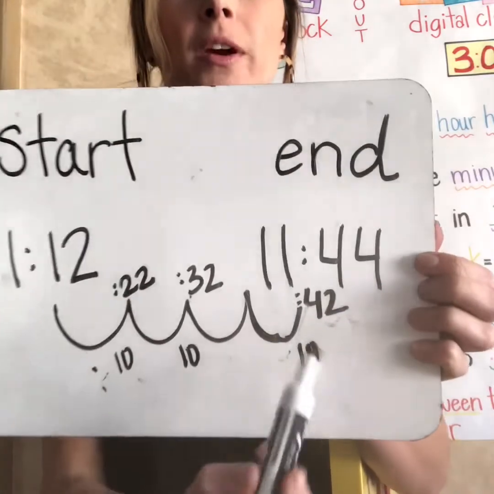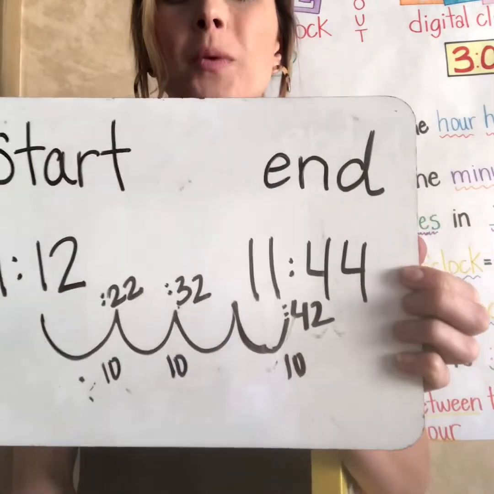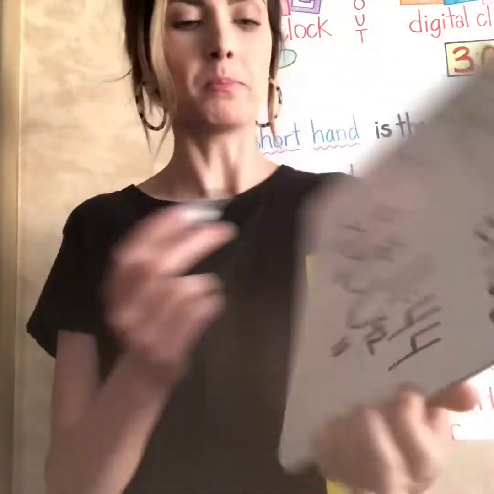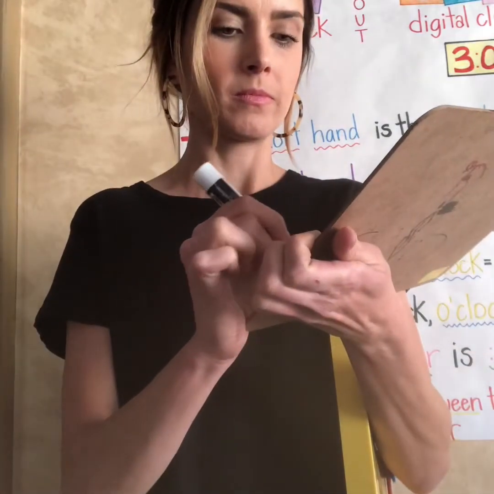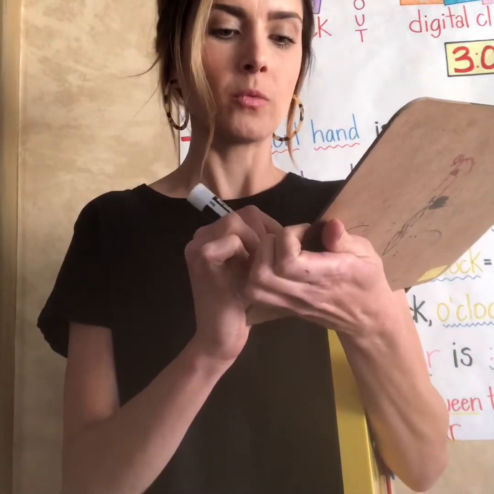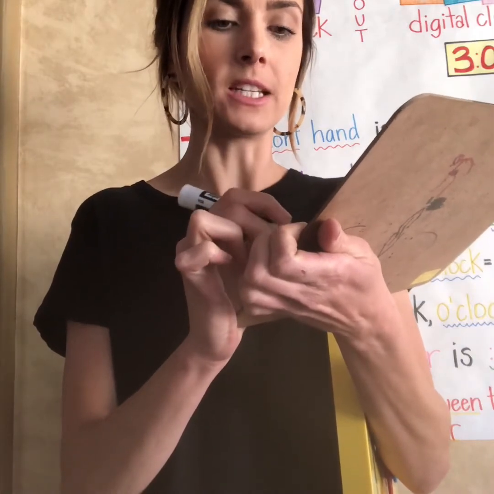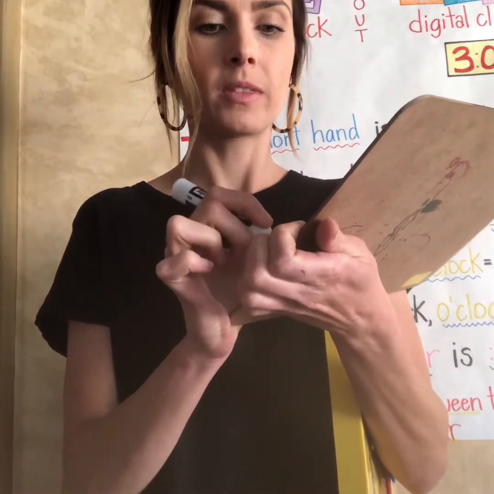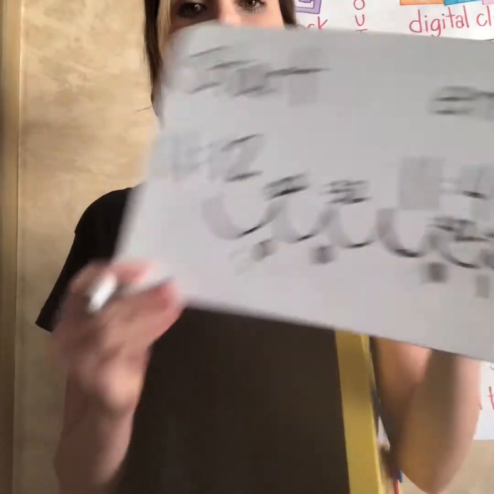Now you can tell we are very close to 11:44. We now need to do a couple rock jumps. We're going to do 1 minute jumps to get to 11:43 and then 11:44.